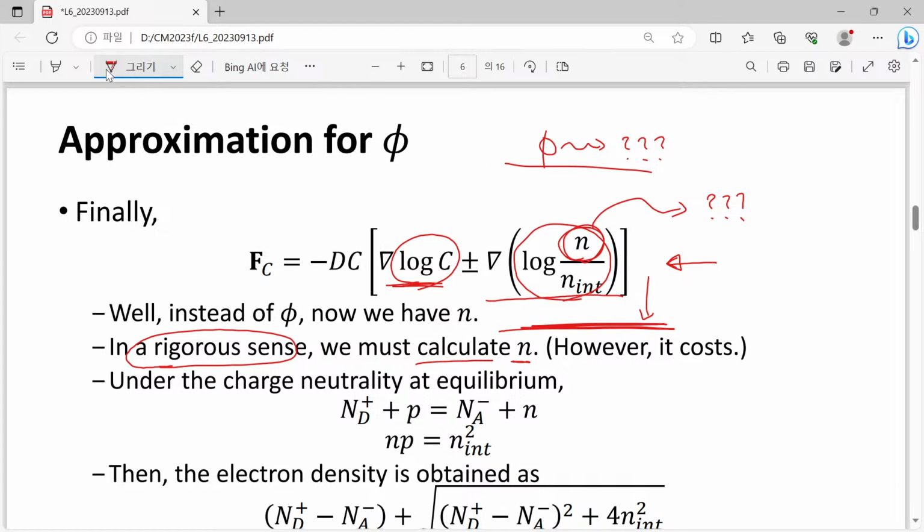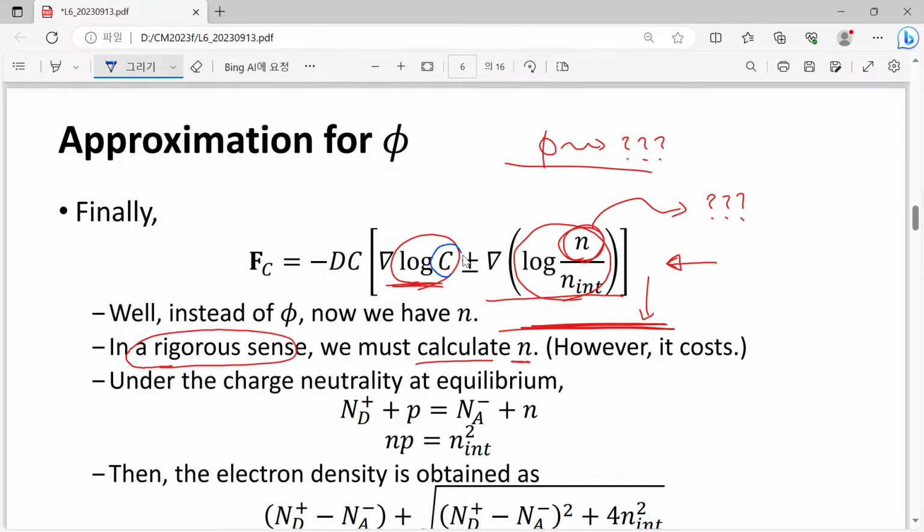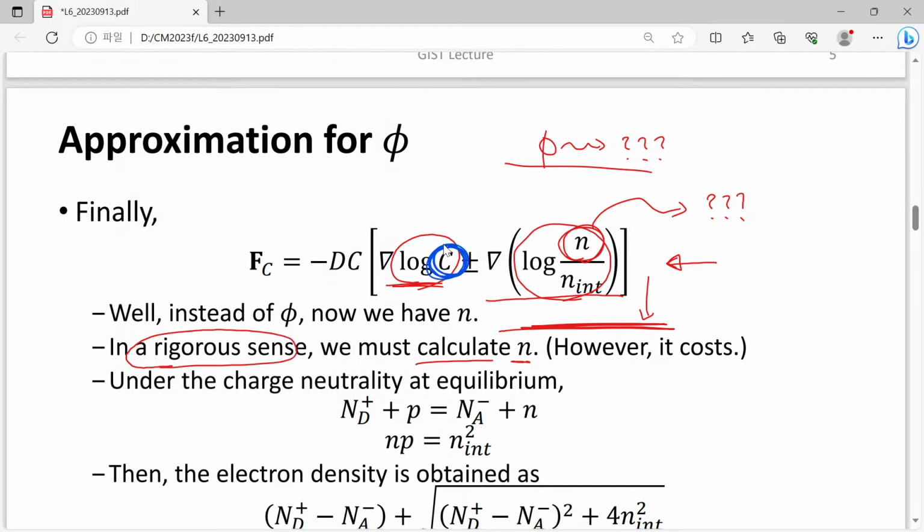Do you know why we must solve the diffusion equation? Because we wanted to know the time evolution of this concentration. Then we need another quantity. If you really wanted to know the n density, you have to introduce a suitable equation for the electron density. If you have two unknown variables, then you need two equations.